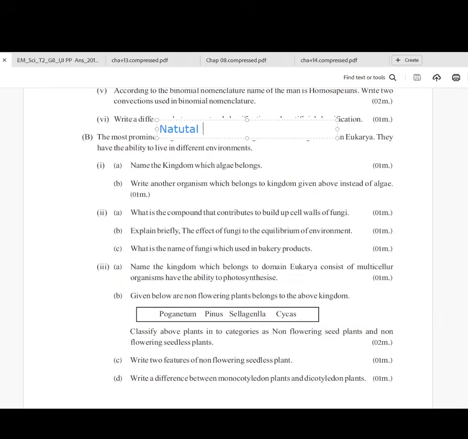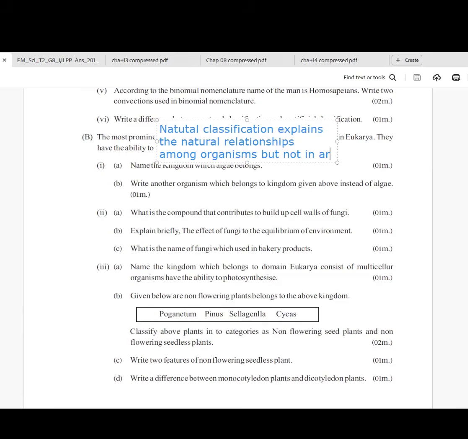Natural classification explains the natural relationships among organisms, but not in artificial classification.